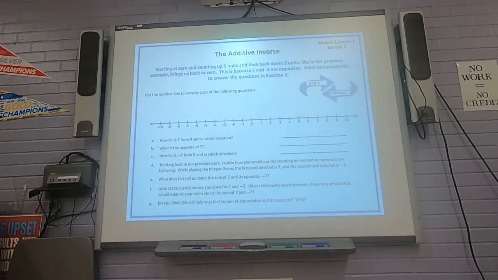Here's 7, here's 0. Don't count the spot that you start with. Count the next one. 1, 2, 3, 4, 5, 6, 7 places from 0. And in what direction? So here's 0. To go to 7, I have to go right. So it's 7 places to the right.